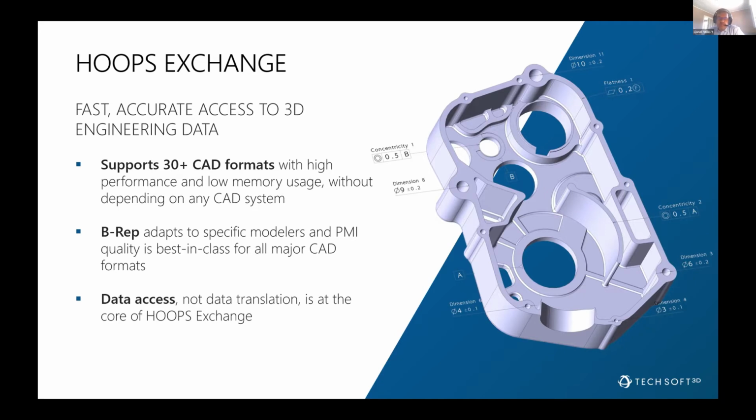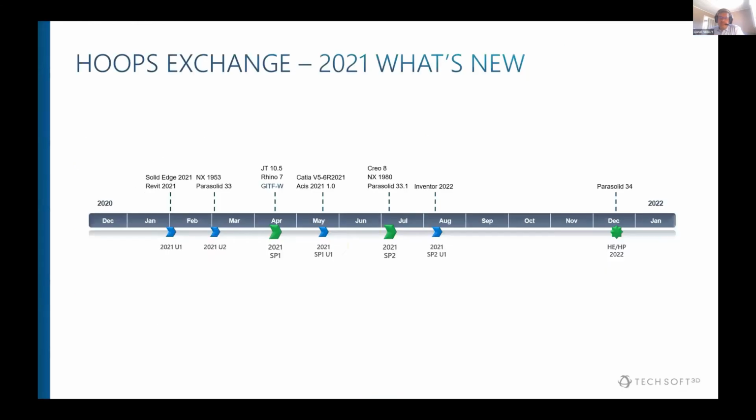And the third point is that also Hoops Exchange must integrate into solutions that are having a modeling kernel, like Siemens Parasolid, ACIS, Open Cascade, and others. So in that context, there is a strong need around geometry quality so that your application can work with the imported data. So moving to what has been delivered last year.